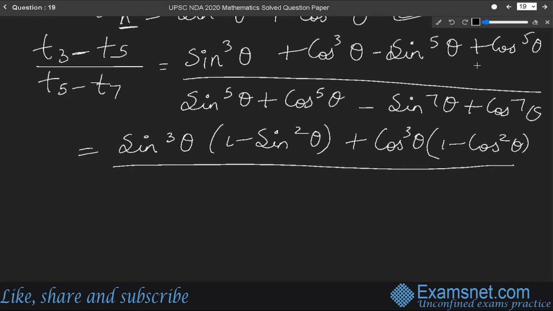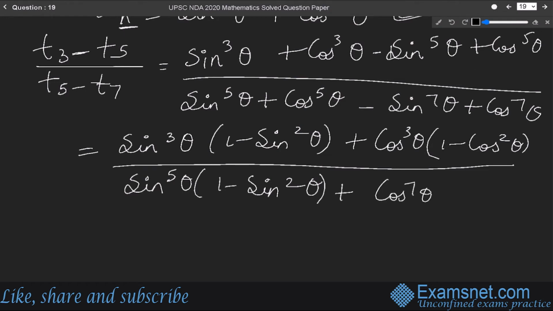Now let us see the denominator part. From denominator we can take sin 5 theta common. So the remaining terms will be 1 minus sin square theta. Also we can take cos 7 theta common. So the remaining terms will be 1 minus cos square theta.